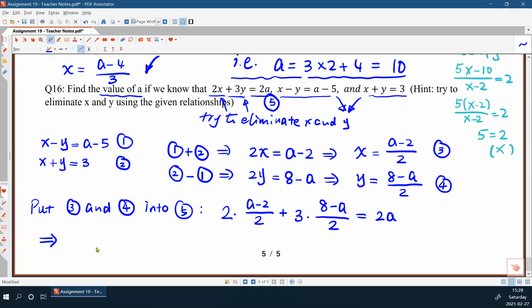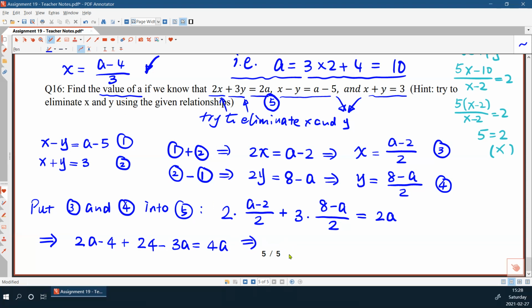Okay, so we can multiply both sides of the equation by 2 to eliminate the ratios. So this gives us 2a minus 4 plus 24 minus 3a equals 4a, right? Okay, and then try to merge all the terms that contain a.